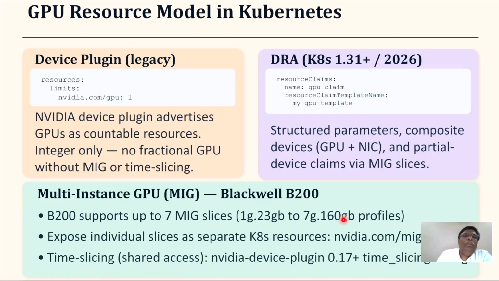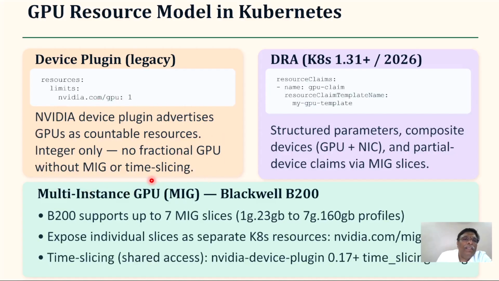So, GPU resource models in Kubernetes. There is this device plugin thing which people used to work with. It's a legacy thing. Like in resources, you had this limit set. So the NVIDIA device plugin advertises GPU as countable resources, integer only, no fractional GPU without MIG or time slicing.